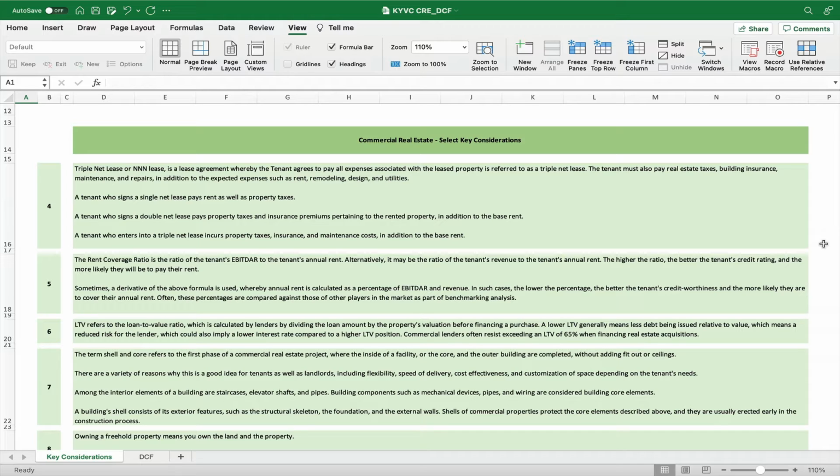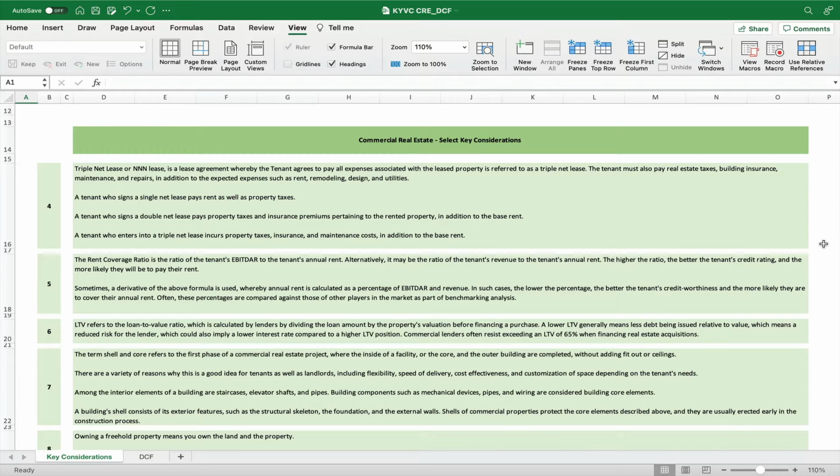So whatever their EBITDA is today, before the deal, becomes their EBITDA after the deal, which is the amount they have to cover the rent expense. But as a rule of thumb, the higher that ratio, the higher your numerator in that equation over your rent expense, the better the tenant's credit rating, or the better their creditworthiness. The more worthy they are, and the less likely they are to default on their rental payments.